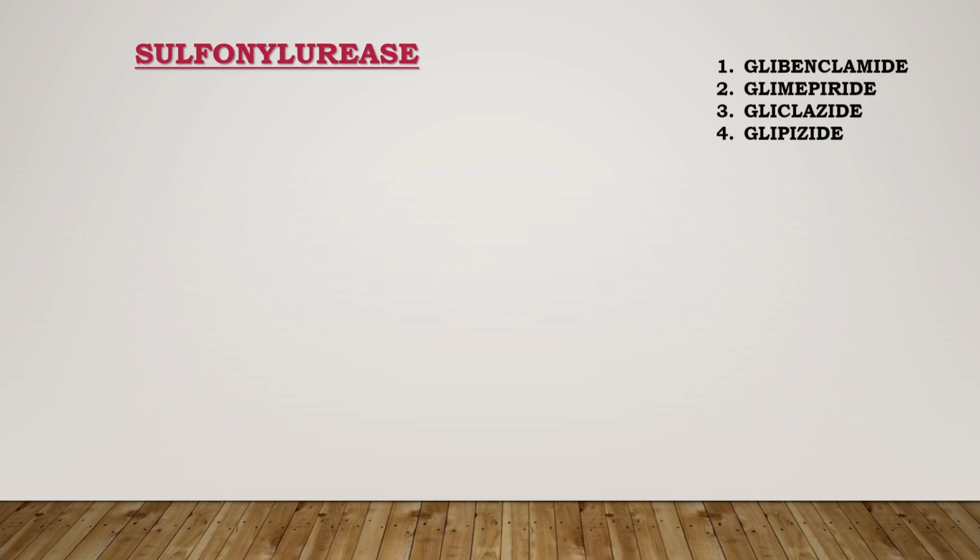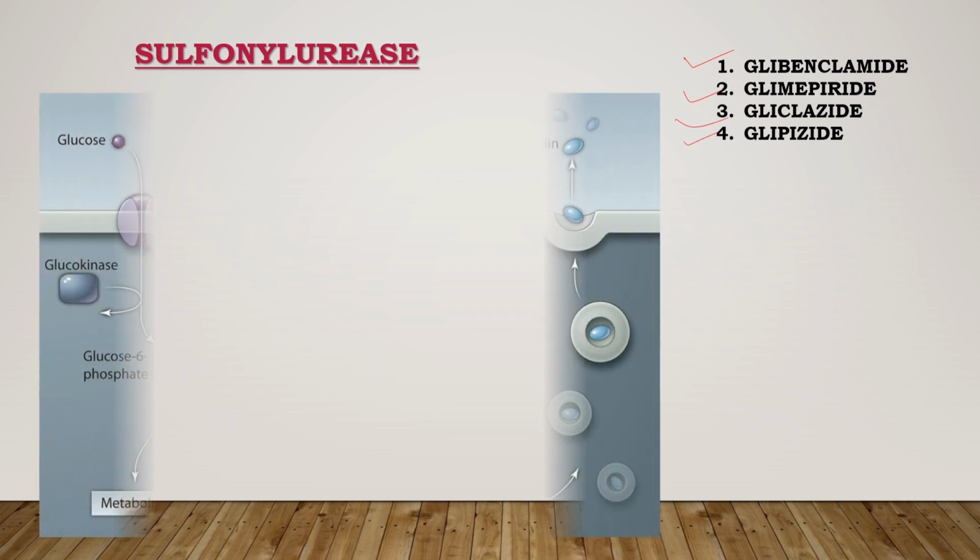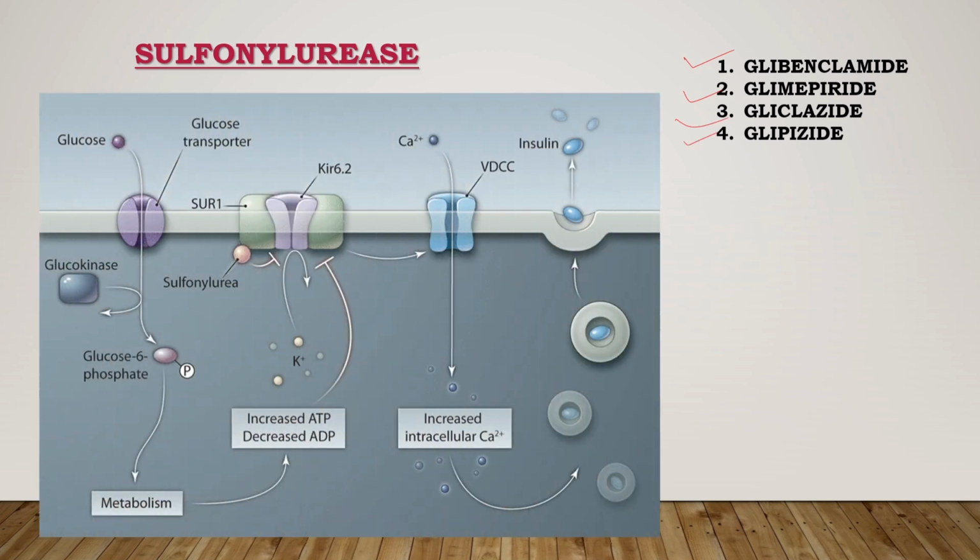Sulfonylureas are drugs that release insulin, and the common drugs are glibenclamide, glimepiride, gliclazide, and glipizide. Sulfonylureas act somewhat similarly to the normal release of insulin. In the previous video, I described how insulin release happens.